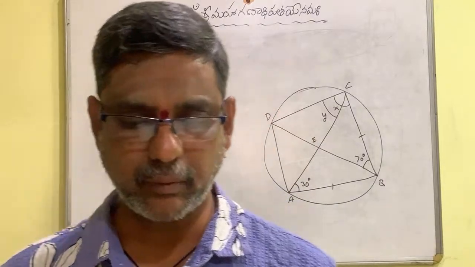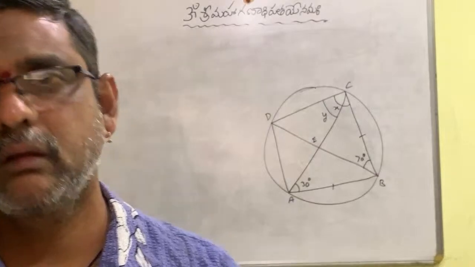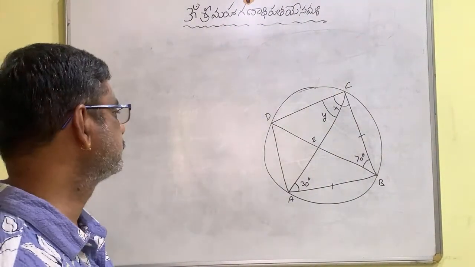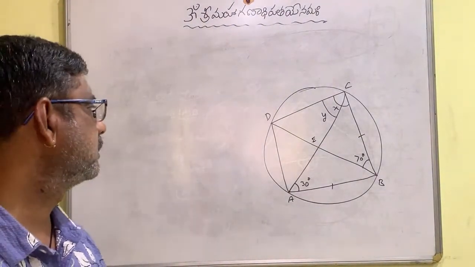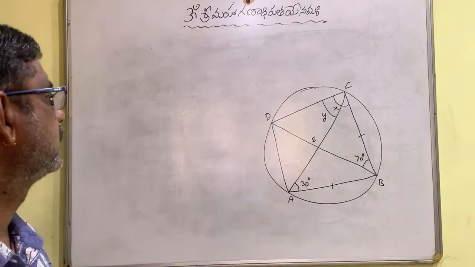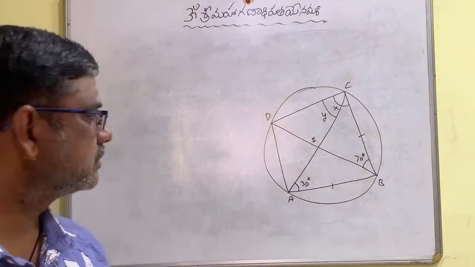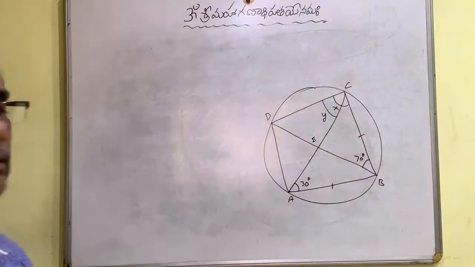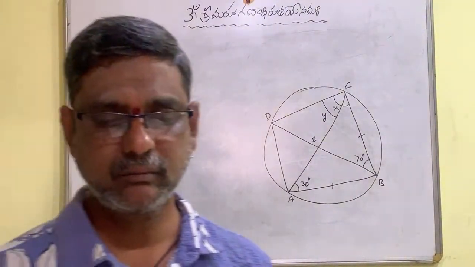Yeah, children, there is a problem on the board. See, ABCD is a cyclic quadrilateral in which AB equal to BC, angle DBC 70 degrees, BAC 30 degrees, and you need to find out X value and Y value.